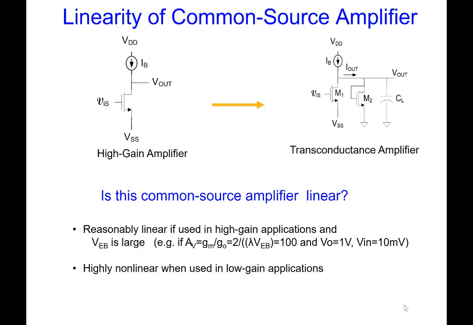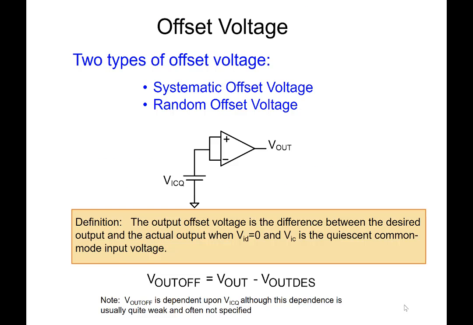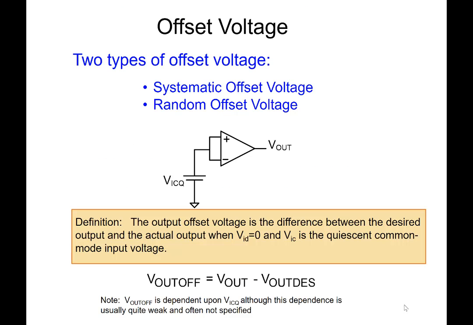But if you use it in low gain applications where the gain is the order of magnitude of 1, where the signal at the output is comparable to the signal at the input, then it's highly nonlinear. Let me leave it at that. So we've got at least analytical expressions for looking at the linearity of both the bipolar and the MOS common source amplifiers.